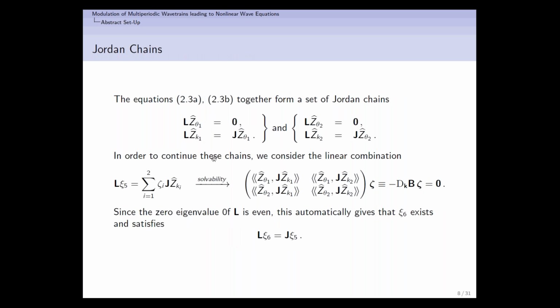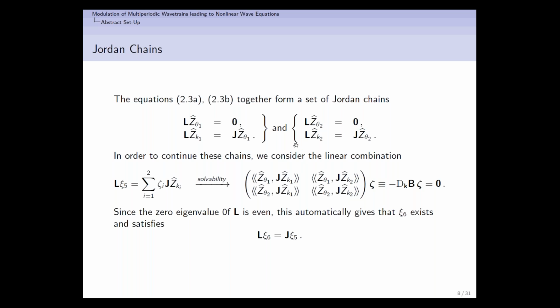Okay? So 2.3a and 2.3b generate two Jordan chains of length 2. Okay? For the 0 eigenvalue of L. Okay? So if I want higher dispersion than just first order dispersion, I need these chains to be longer. Now, trivially, I could say, well, I could have this chain extend to 4 elements and this chain stay at 2, but that's not really that general.